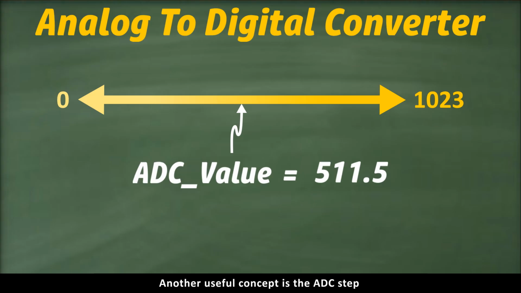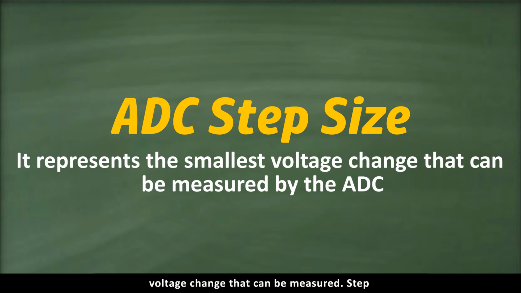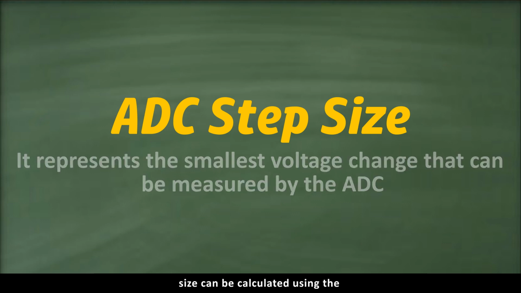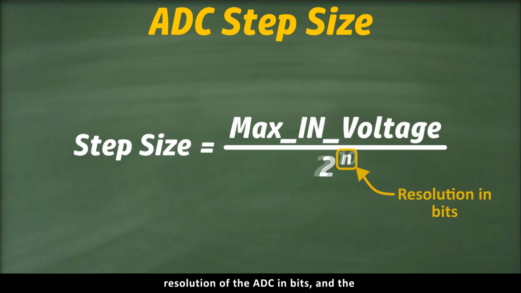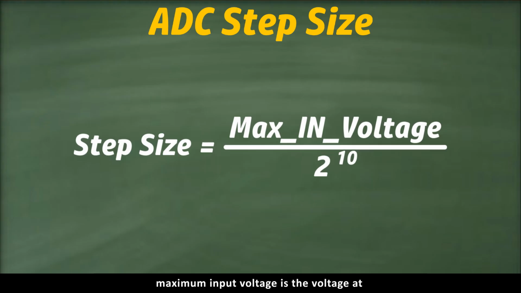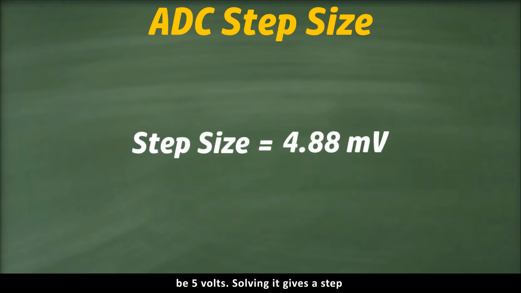Another useful concept is the ADC step size, which represents the smallest voltage change that can be measured. Step size can be calculated using the following formula. Here, N is the resolution of the ADC in bits, and the maximum input voltage is the voltage at the AVCC pin of the Arduino, assumed to be 5 volts. Solving it gives a step size of 4.88 millivolts.